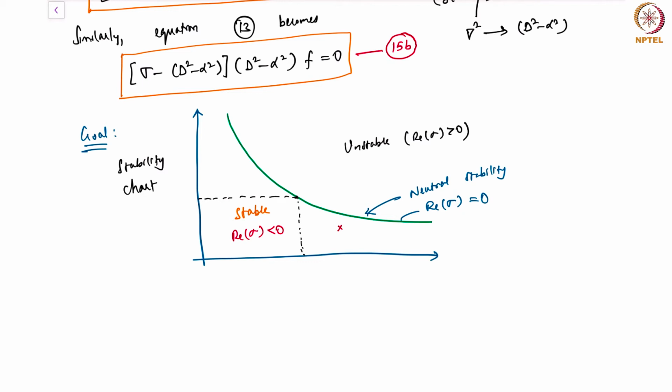You could have a purely damped non-oscillatory solution, or a damped oscillatory solution. If you are in the unstable region, on the other hand, you could have an exponentially growing mode, which is unstable, and this mode, while growing, could also be oscillating and growing.